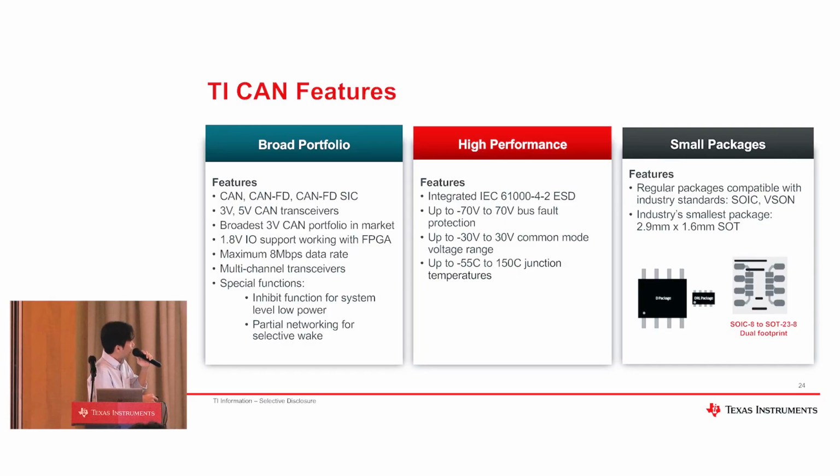We have high performance products because we feature some protection features like ESD and also high voltage bus fault protection. And one option, similar to the RS-485, is that we have a small package option for CAN devices.